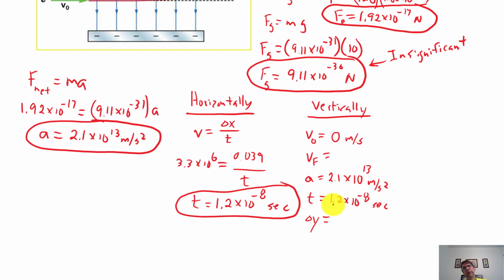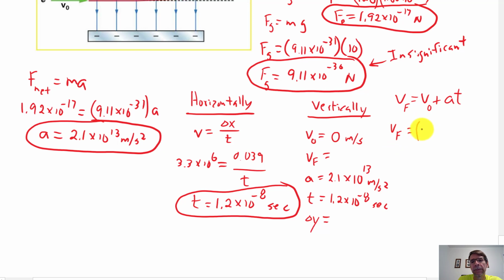So if you go back to your equations for uniform acceleration, you can go back in your notes from first semester. One of the equations is this. For uniform acceleration, v f equals v initial, which is 0, plus a times t.